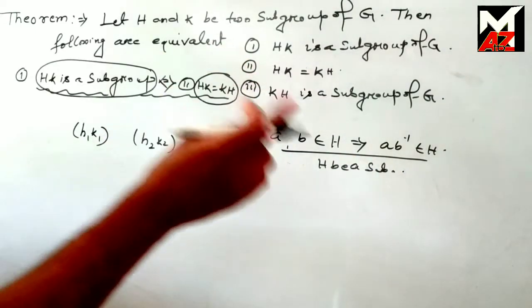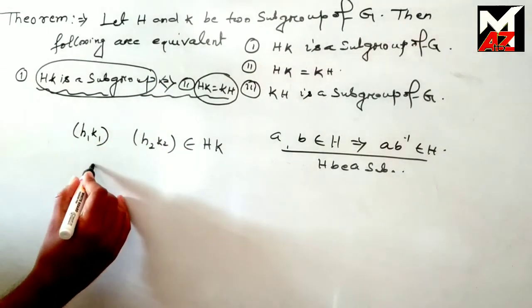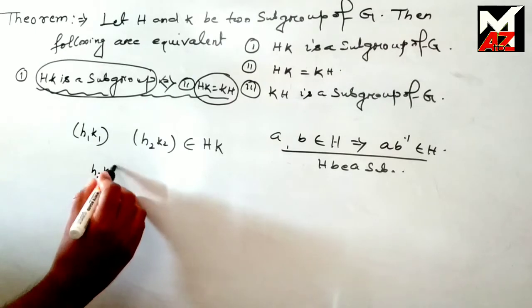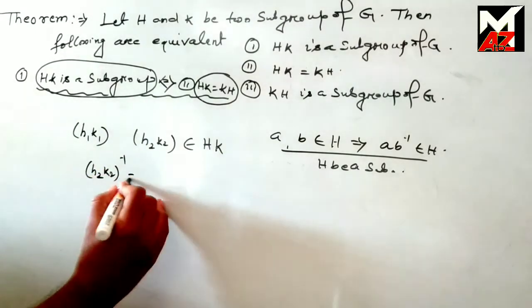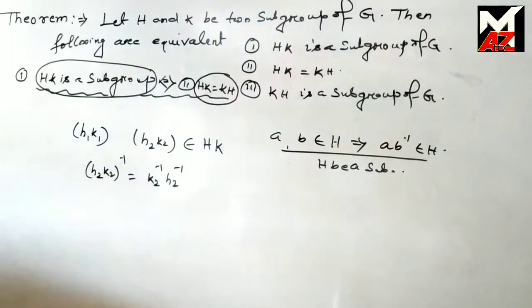And we apply the same process here. We first find (H2 K2) whole inverse, and this is K2 inverse H2 inverse.